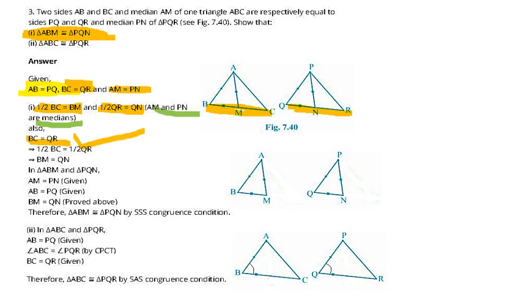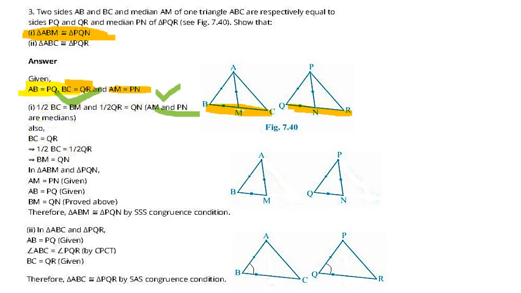That means if BC and QR are equal, then their half will also be equal. That is, half of BC will be equal to half of QR. And we just proved that half of BC is BM. So I wrote, instead of half of BC, BM, and instead of half of QR, I wrote QN. Okay, clear up to this point?